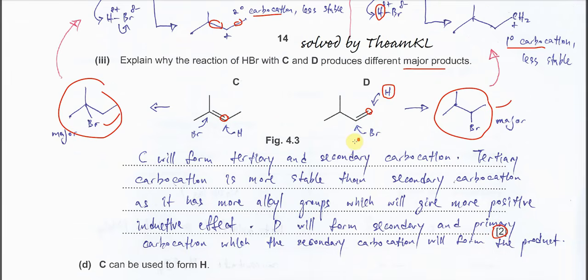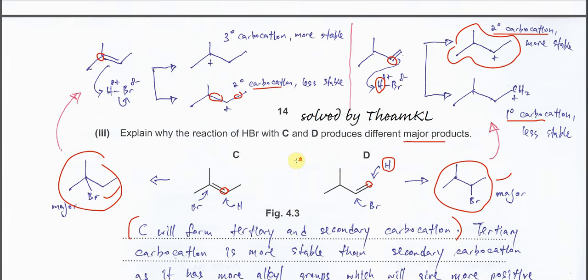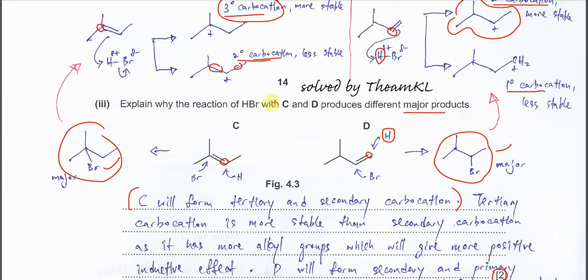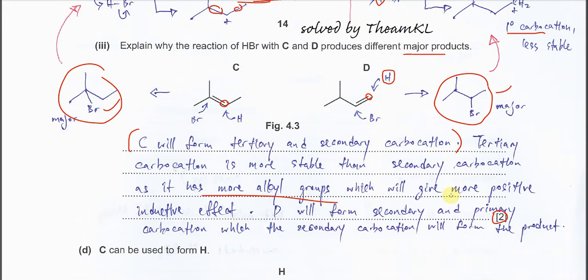Now let's move on to this explanation. C will form tertiary and secondary carbocations. This is what I explained just now. We know that the tertiary carbocation is more stable than the secondary carbocation, as the tertiary carbocation has more alkyl groups, and this gives extra positive inductive effects.